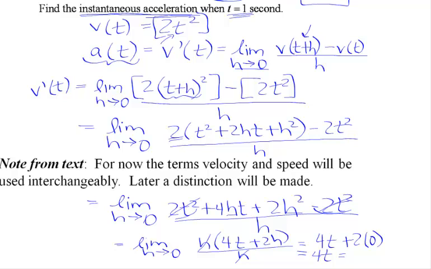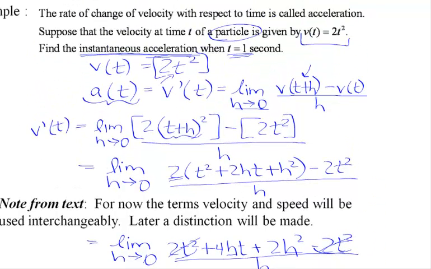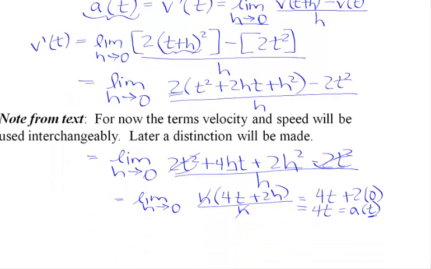The acceleration of this function at any time t. I have found a of t for every t value you might ask me about. This particular question asked me about when t is 1. So if I have found the acceleration function for any input value, I can certainly use it to find the acceleration at the given t value that they're asking for.